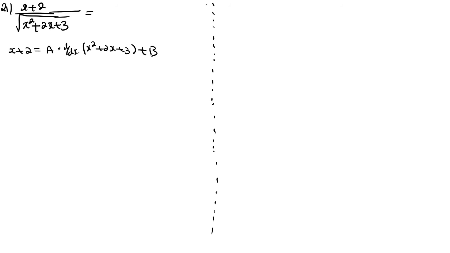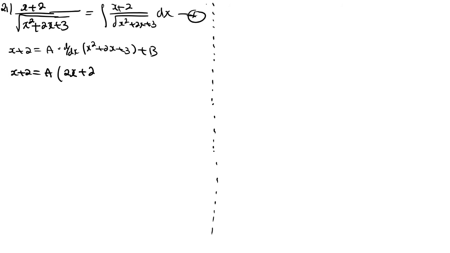Before that, I'll write it as integration of x plus 2 by square root of x square plus 2x plus 3 into dx. Take it as equation star. Then x plus 2 is equal to a into, differentiating, x square gives 2x, 2x gives 2, plus constant b. Take it as equation 1.